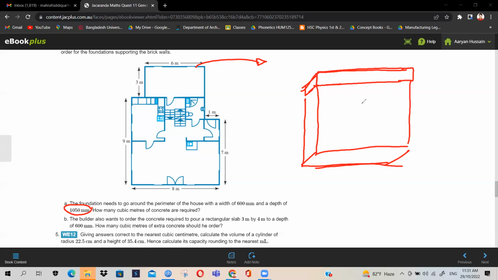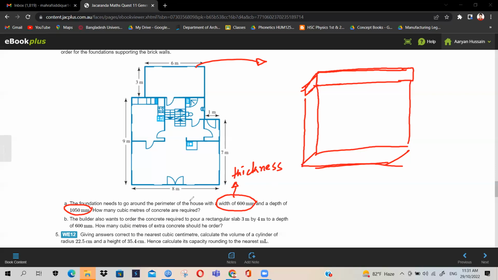But what I'm trying to make you understand is that whenever a wall is constructed, it has a certain thickness which they are considering as width. This is the thickness of the wall, and the depth of 1050 millimeters, which is the height.